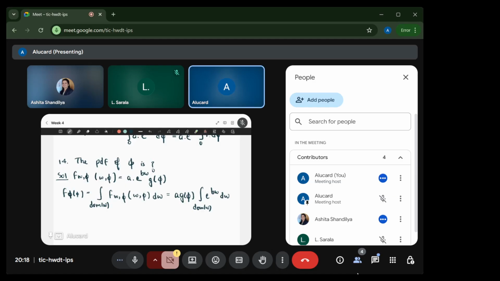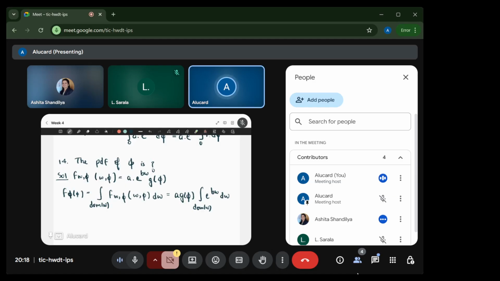Here, in continuous, since it's a continuous random variable, it won't be 1 over n because it's not countable, but it's still uniform. So phi can vary from 0 to 2 pi, and it's a uniform distribution.